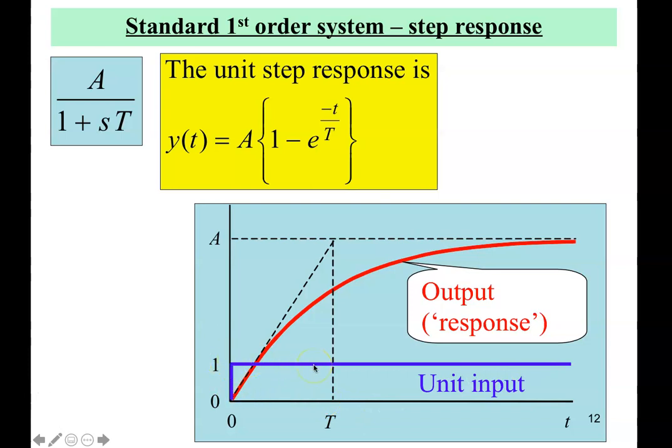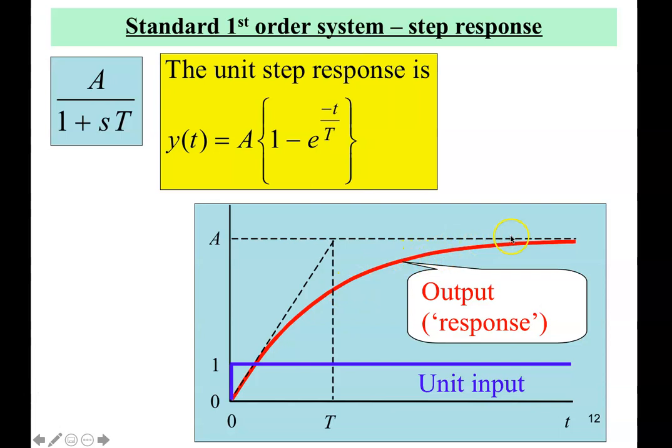You can also have a step that doesn't have to be unit, but unit is 1, so it jumps up by 1. It could be a step signal of 2, so it jumps to 2 and then stays constant there. But it's standard practice to use a unit step input when we analyze the behavior of a system. The output will typically follow an exponential function.